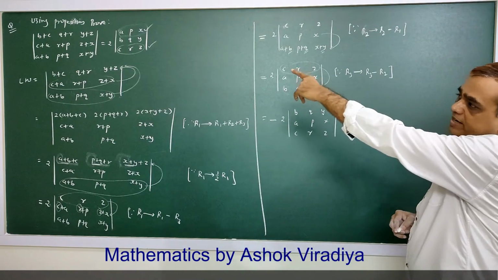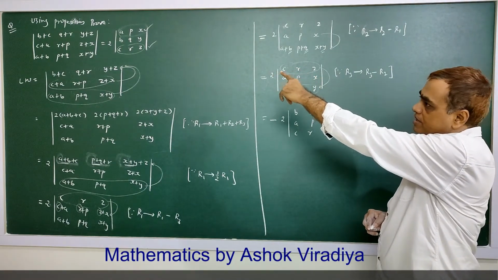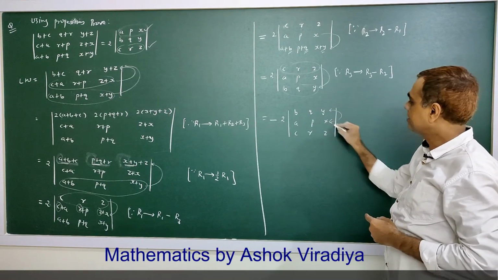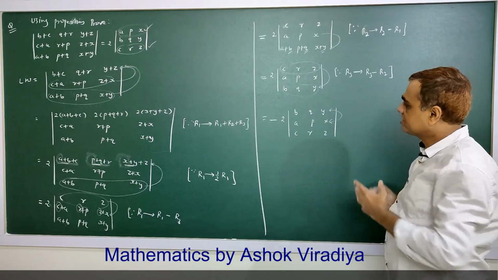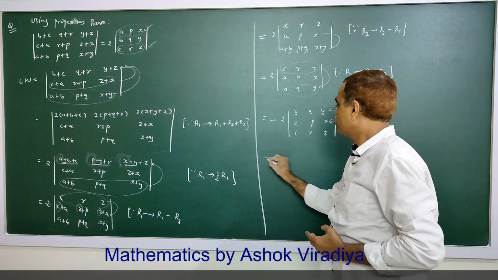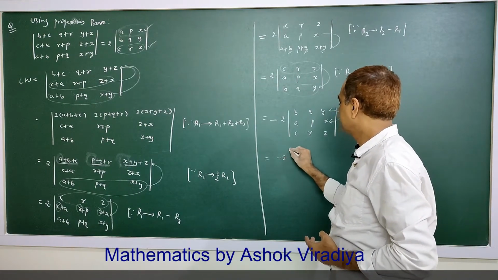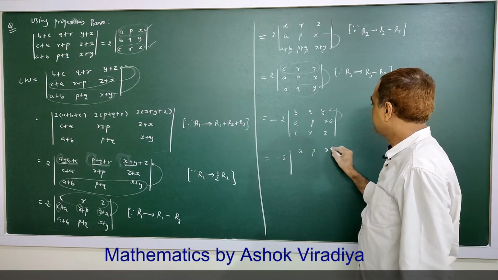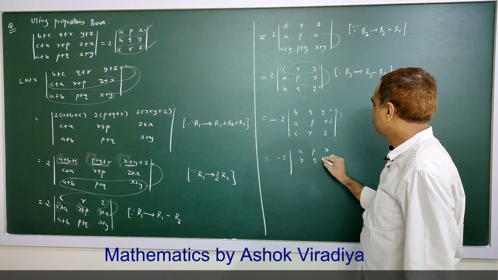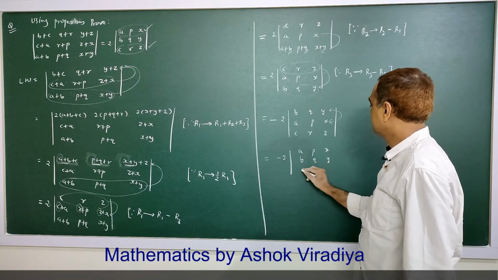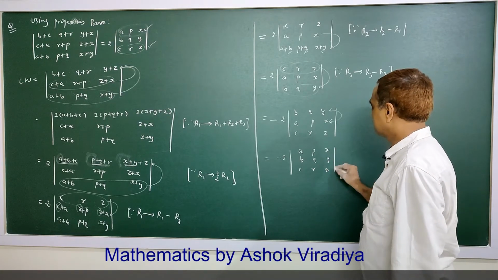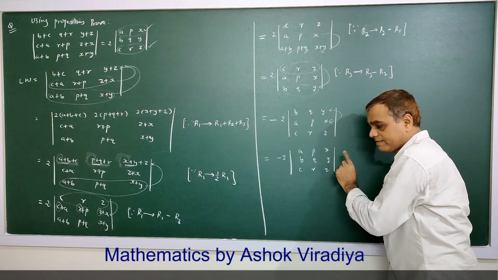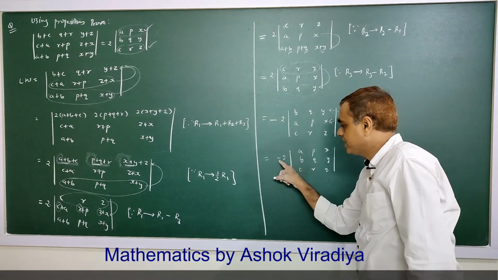Now again observe the right hand side. APX, this line we need here, and this line we need here. So we interchange the first and second row. So once again, here interchanging the first and second row, APX, BQY, CRZ. So the first and second row are interchanged, and when we interchange them, we have to change the sign.